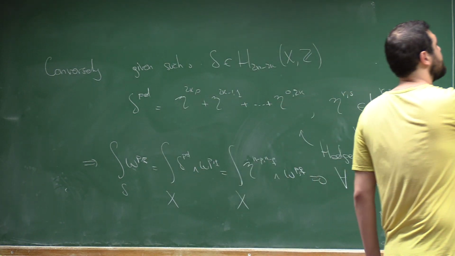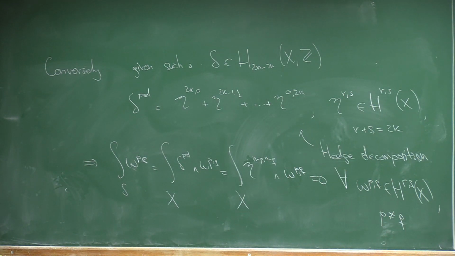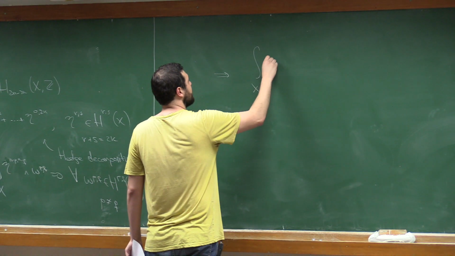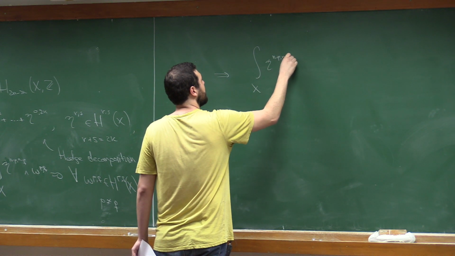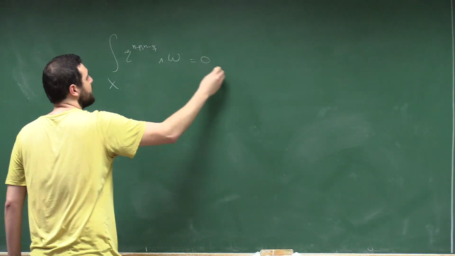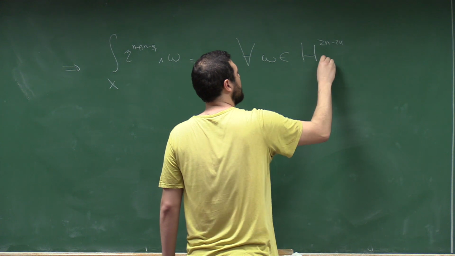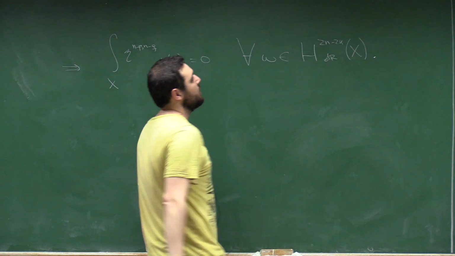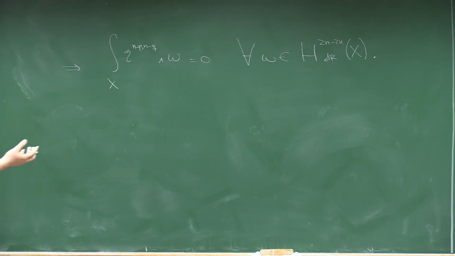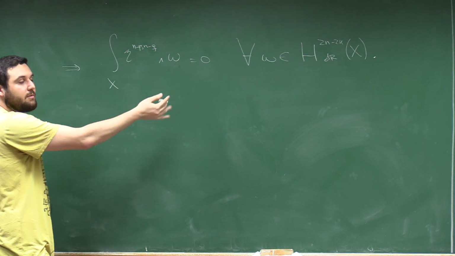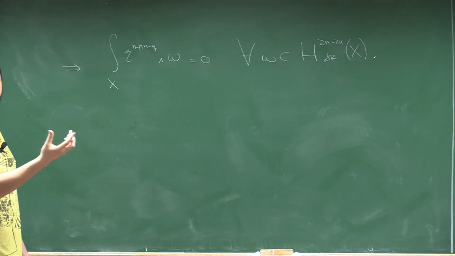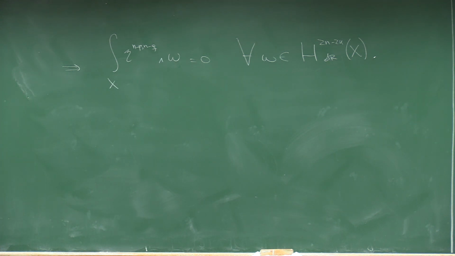So since this is 0, and since eta^{n-p,n-q} is an (n-p,n-q) form, we know that the integral over X of eta^{n-p,n-q} wedge omega is 0 for every differential form omega, because it can be written in its Hodge decomposition, and all these parts are trivially 0 except the (p,q) one that is 0 by assumption.